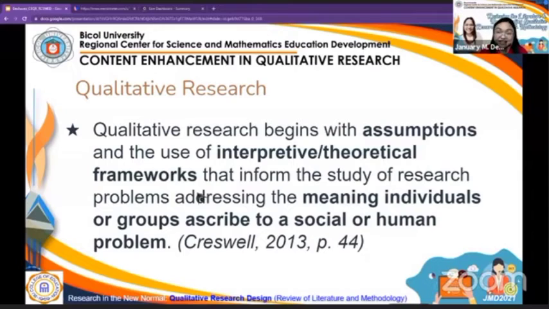We need to be sensitive to the needs of our respondents or informants. Most of the time, our data analysis will be both inductive and deductive because we need to consider different phases or different factors that influence our participants or even the variables of our study. And of course, your final written report should include the voice of the participants.